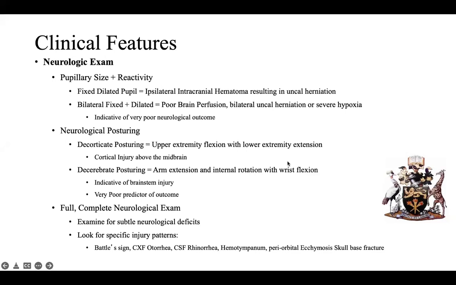But the one which is a poorer indicator of outcome is the decerebrate posturing, where you have arm extension and internal rotation. So you have upper and lower limb extension with internal rotation and wrist flexion. That usually tells you there's a severe injury, and these patients, if they survive, usually end up in a persistent vegetative state.